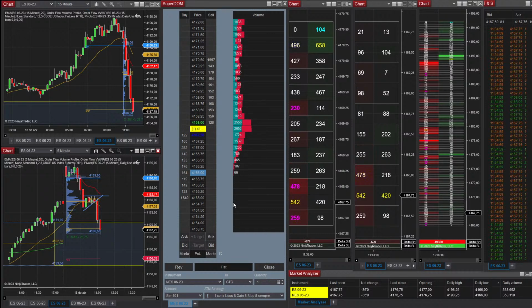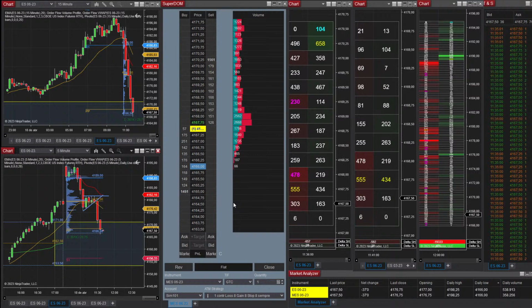So let's see what happens here, and if we see a pullback, because so far all we are seeing is buyers really active, but losing to sellers who are being able to stop the move, stop the hike.